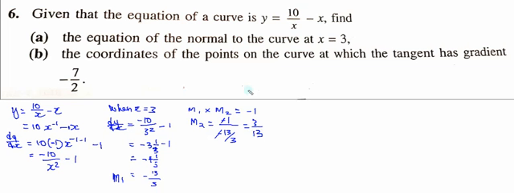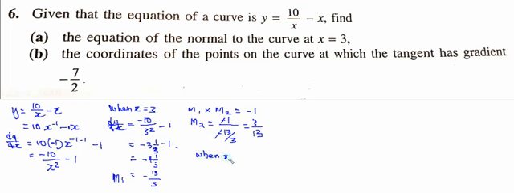Okay, now, you see, to form the equation of the normal, you need a point where the normal passes through. You also need the gradient of the normal. So in this case, we already found the gradient of the normal. We know that it passes through this point, but we only have the x coordinate. So we have to find the y coordinate as well.